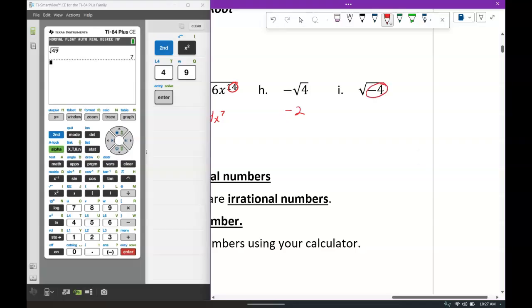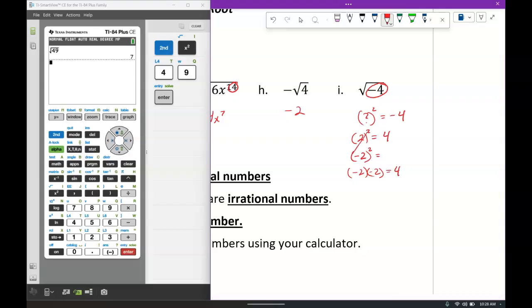Now here we need to consider, what number squared equals negative 4? Well, our first indication might be 2. 2 squared equals 4, but not negative 4. Or we might consider negative 2. Well, negative 2 times itself, when we multiply two negatives together, also gives us a positive 4.